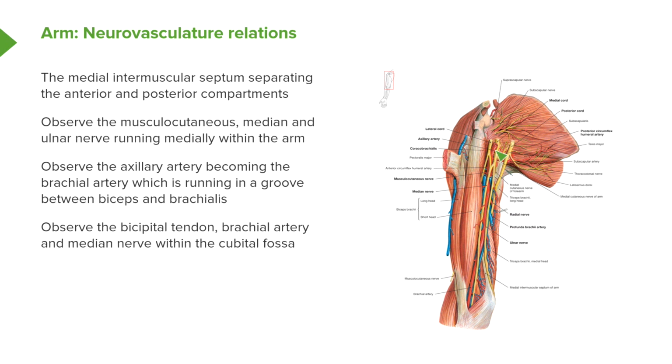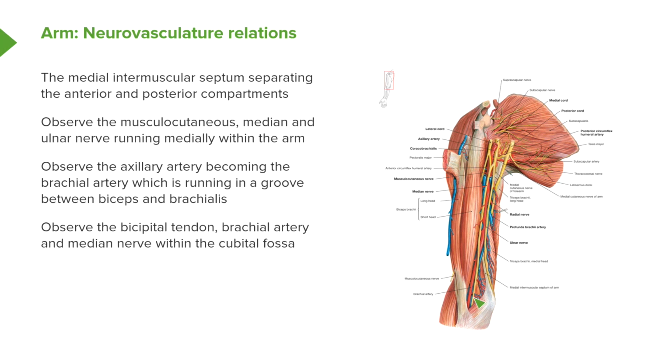Here we can pick up the axillary artery, and we can also see its relationship to the brachial plexus. Then as it runs down, it becomes the brachial artery. We can see the brachial artery is running in a groove between biceps brachii and brachialis muscle. So here we've got biceps, and deep to biceps we've got brachialis muscle just here, and in the groove between, we can see the brachial artery.